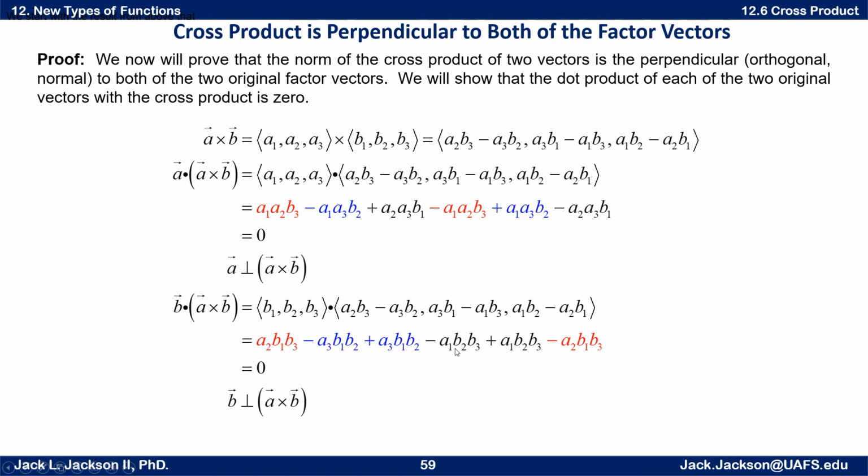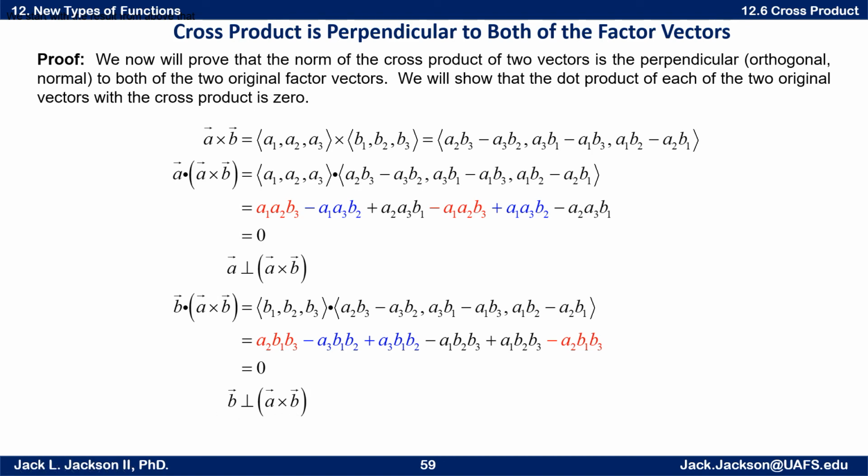There it is. Plus B3 times this one, so that's A1 B2 B3 minus A2 B1 B3. And again, the red ones cancel, the blue ones cancel, and the black ones cancel. So once again, we get 0. So the dot product of B and the cross product is 0. So the cross product is perpendicular to vector B.